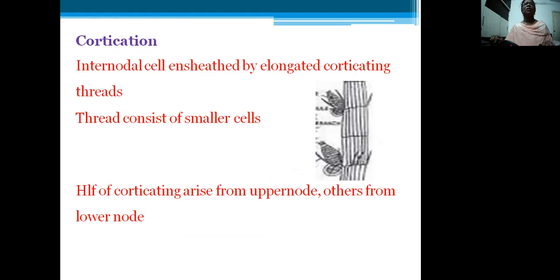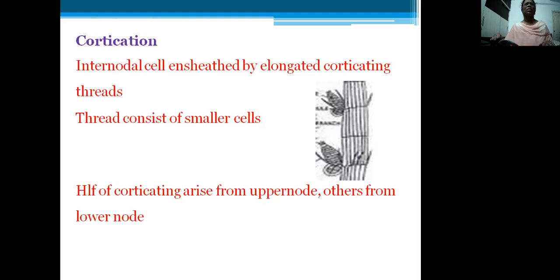The internodal cell is unsheathed by elongated corticating threads. They arise from the branches of unlimited growth. These threads grow and cover the entire internodal region. These thread-like structures completely cover the internodal region, and we call them corticating threads.